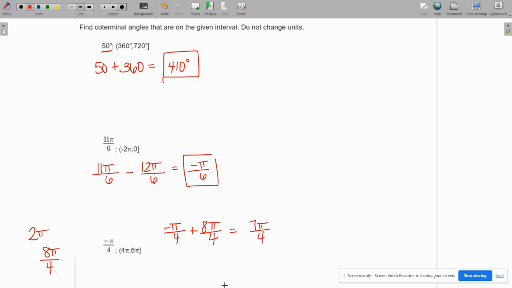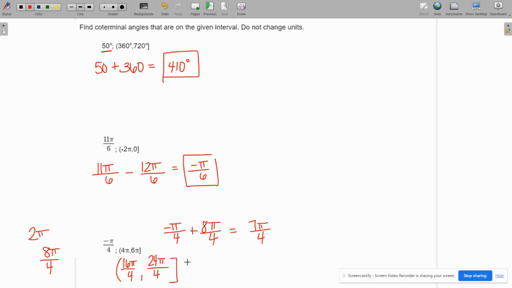So now the question is, is this between 4 pi and 6 pi? Well, why not rewrite both of these as something over 4 so it's easier to compare? So 4 pi is going to be, well, if I multiply 4 times 4, that's going to be 16 pi over 4. And then over here, this is going to be 24 pi over 4.